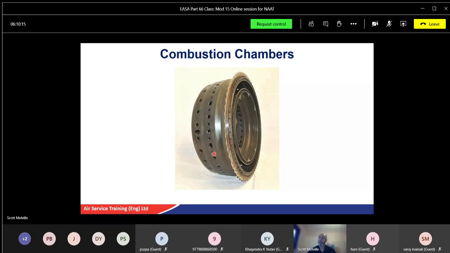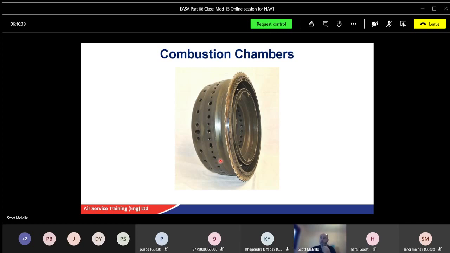Okay, so any hole, anything which is a weld, is a weak point. Now, obviously, the combustion can is contracting and expanding with the heat all the time. So, usually as a result of excessively high temperatures, you get discoloration, burning, cracking, distortion, erosion, etc. Same for the NGVs after there. What you have to watch out for is what's called unzipping.